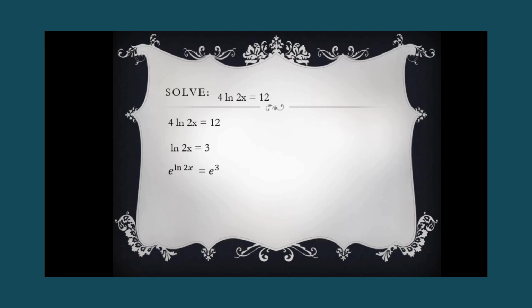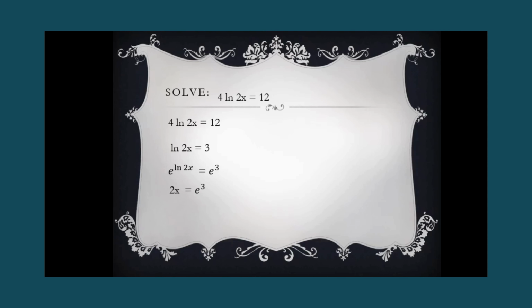Since we're using a natural logarithm, we will also use the irrational and transcendental number, which is e. Raise both sides to e, and the opposite side will become e cubed.